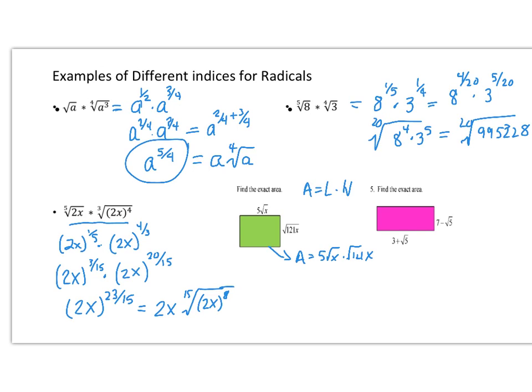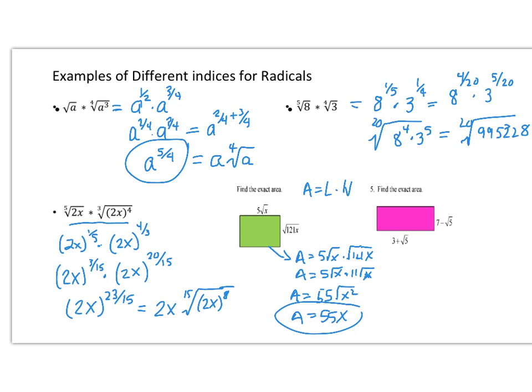So the area is equal to 5 square root of x times 11 square root of x. The 11 and the 5 multiply together, so the area is nothing more than 55 times the square root of x squared, so the area is equal to 55x. That's our answer for that one.